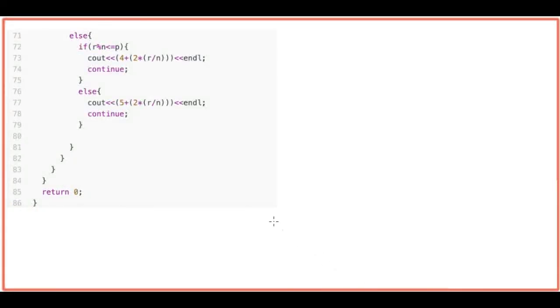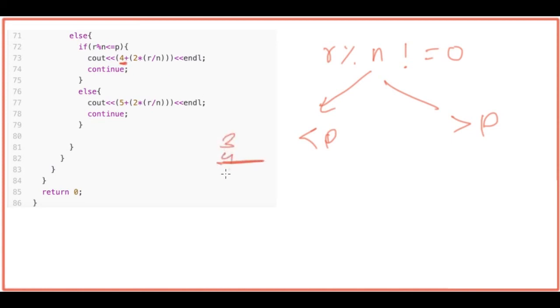Now the final case is, if r mod n is not equal to 0, then there can be two cases. If r mod n is less than p, or greater than p. If it is less than p, then only 1 should be added here, because if you see 3 4 3 and 4, if it is less than 3, then only one extra data cost is added.